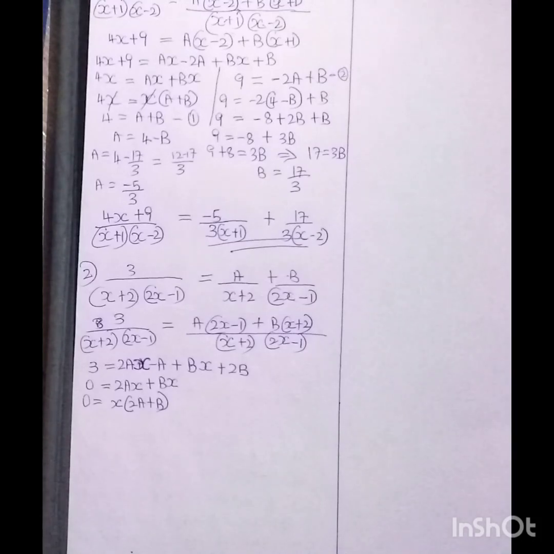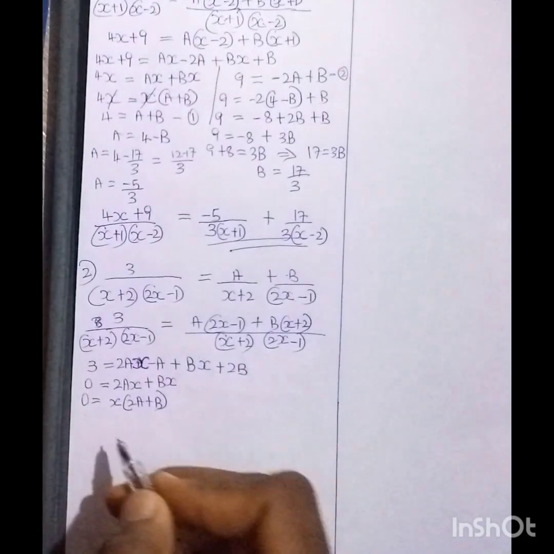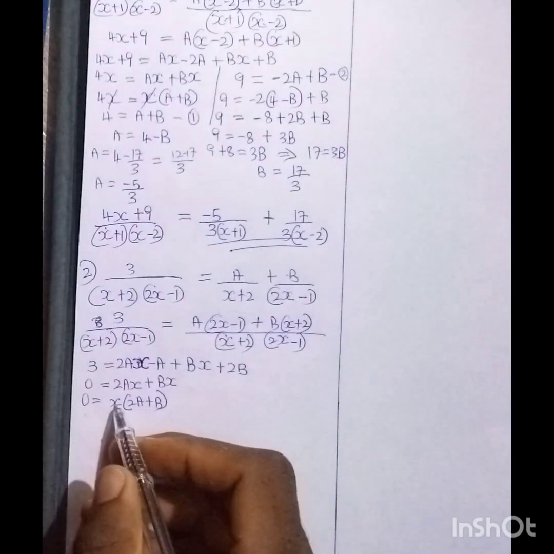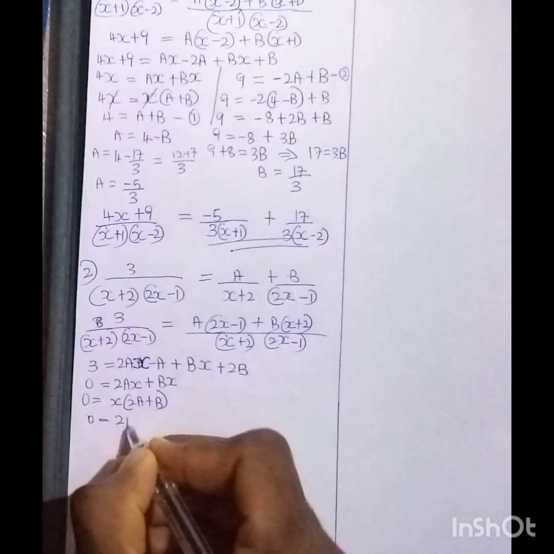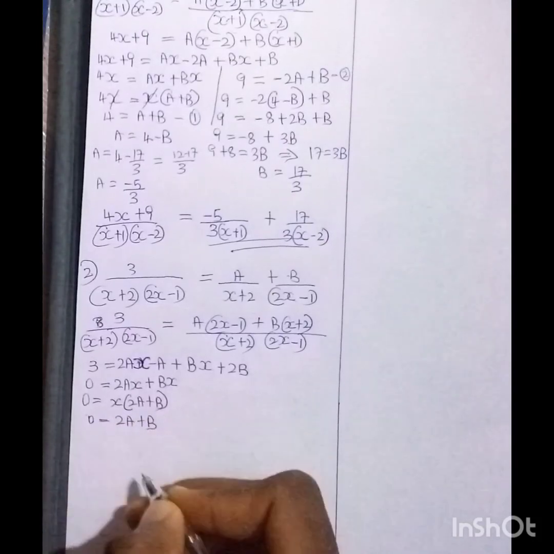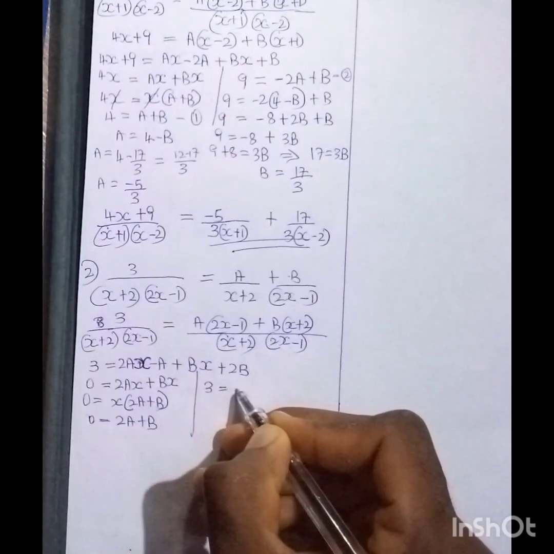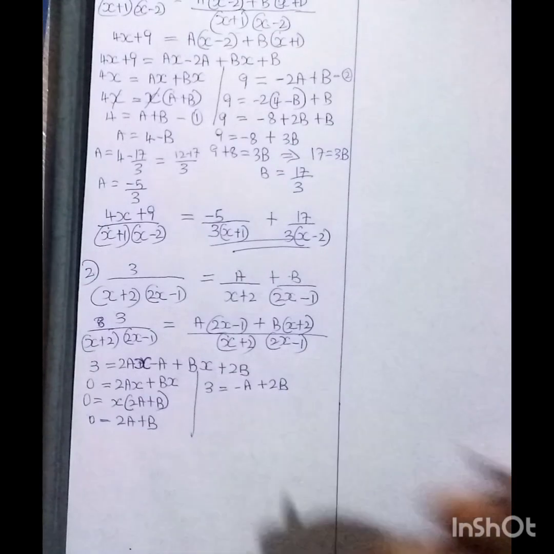So we get back to our solving. We have that 0 is equal to 2a plus b, since 0 divided by x is 0, and 3 is equal to minus a plus 2b.